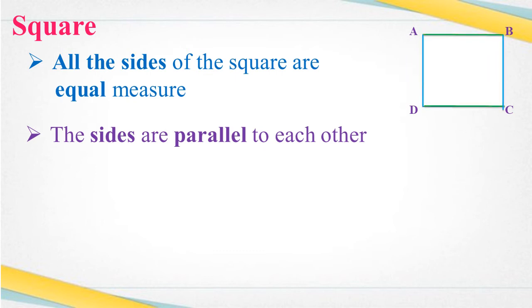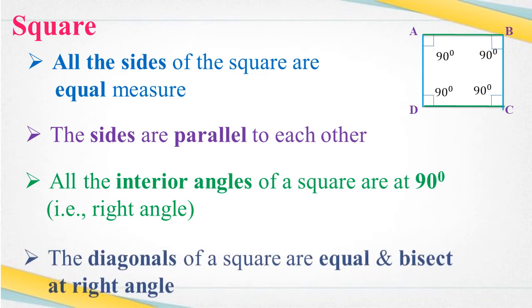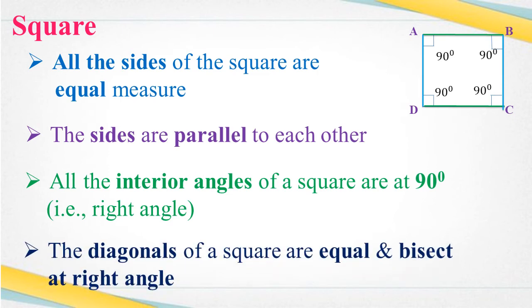AB is parallel to DC and AD is parallel to BC. All the interior angles of a square are 90 degrees, that is all right angles, isn't it? There are four right angles. The diagonals of a square are equal and bisect at right angles.